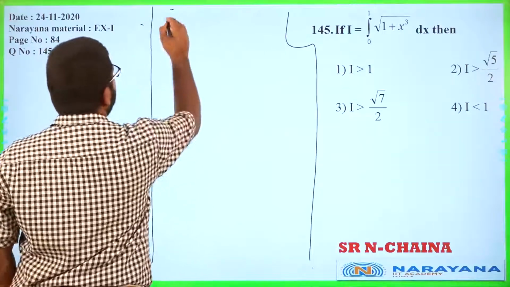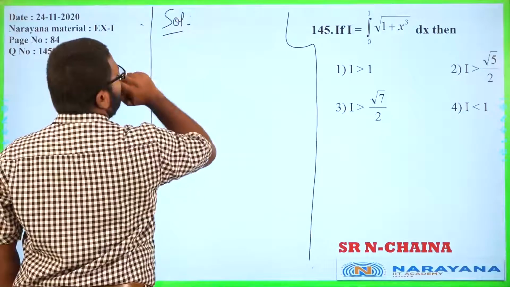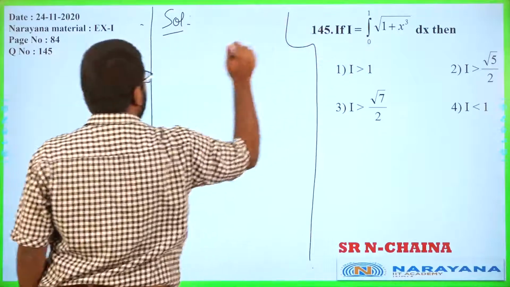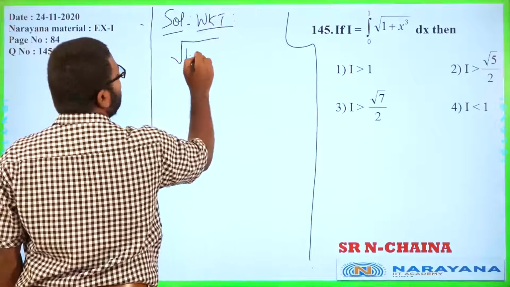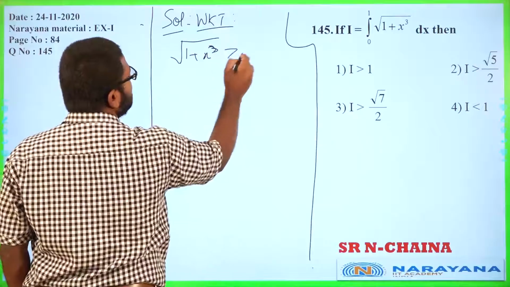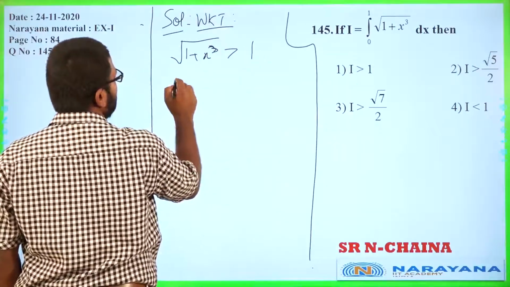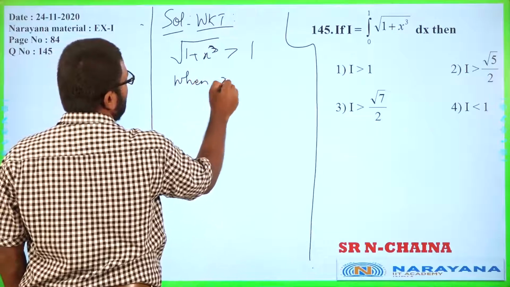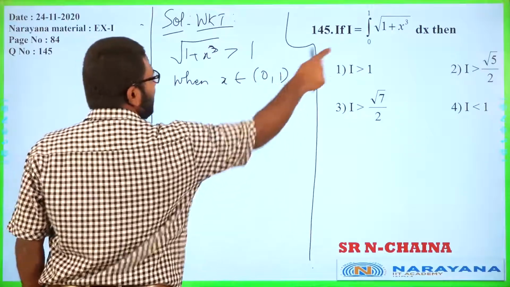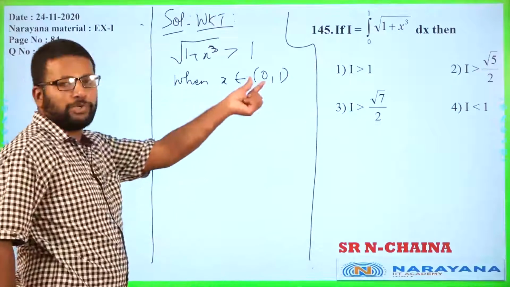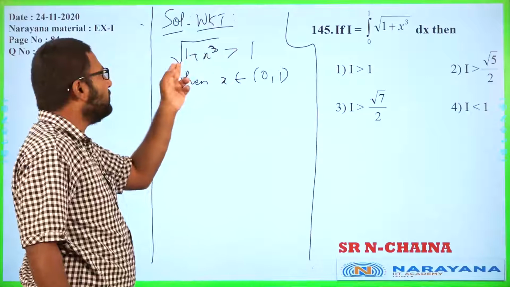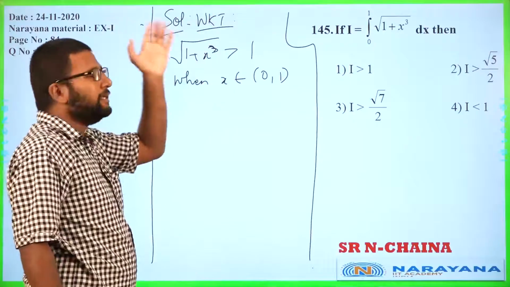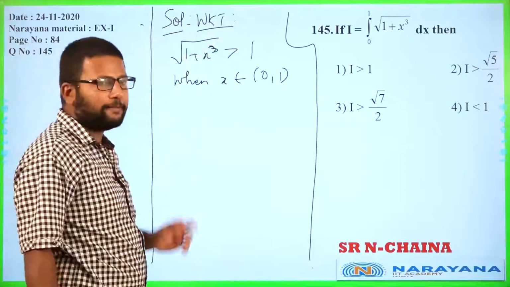So with this observation, I want to compare this with 1. We know that the cube root of 1 plus x cube is greater than 1 when x belongs to 0 to 1. Within that interval, x is a positive quantity, which means x cube will also be positive, so 1 plus x cube will be greater than 1, and the root will also be greater than 1.